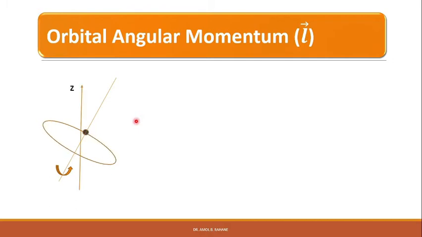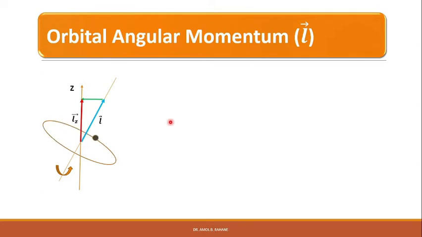Let us consider we have chosen this reference direction along this z vector, and we take the component of this L vector along the reference direction, by taking an intercept along this z direction. If you take the intercept on this z axis, on the reference direction, we will get our z component. That z component is our Lz vector.